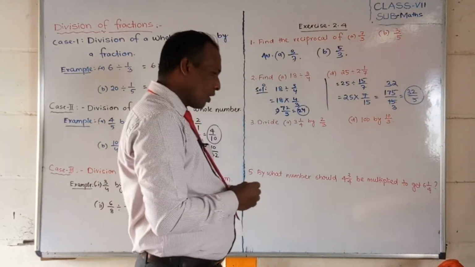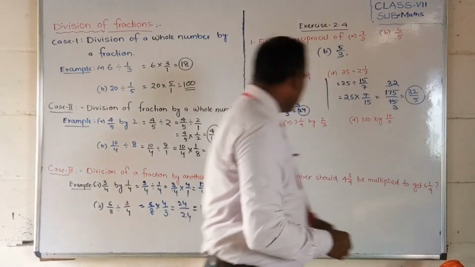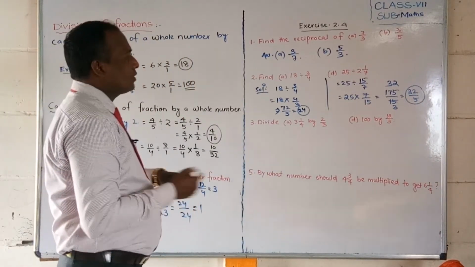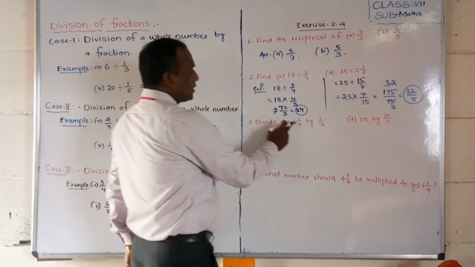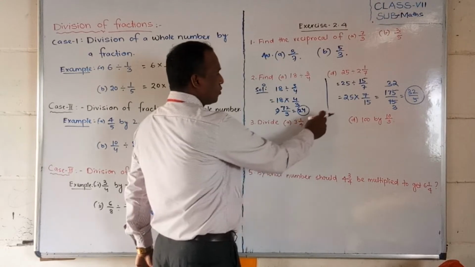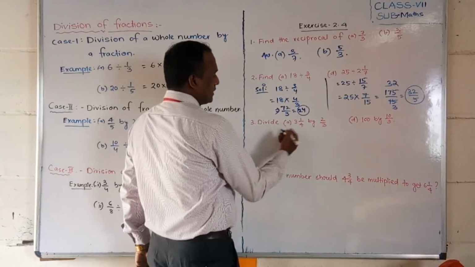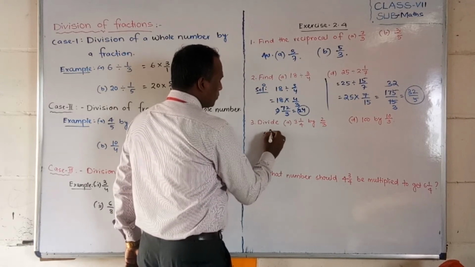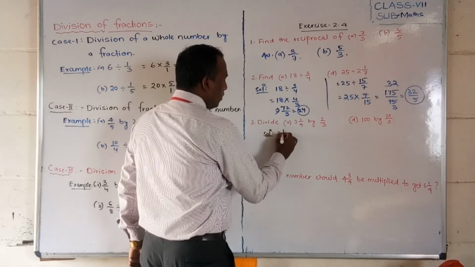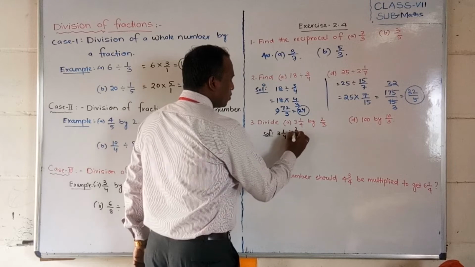Okay, friends, now look at question number 3. What answer will we get? Divide 3 whole 1 by 4 by 2 by 3. One fraction with another fraction, so this is case 3. Look at the solution. 3 whole 1 by 4 divided by 2 by 3.